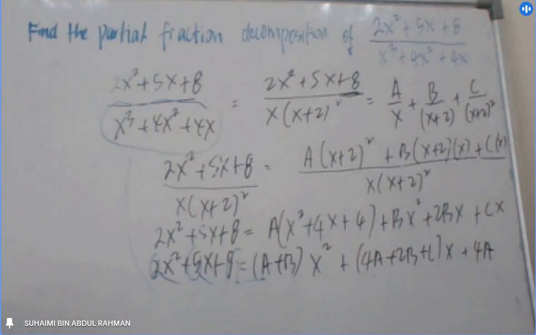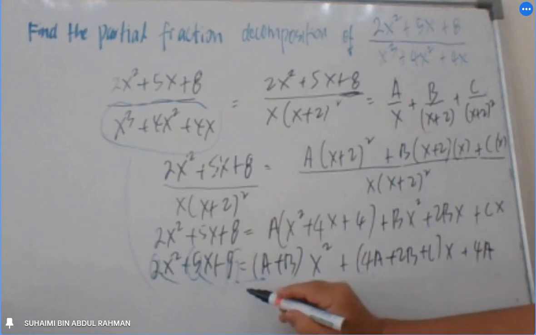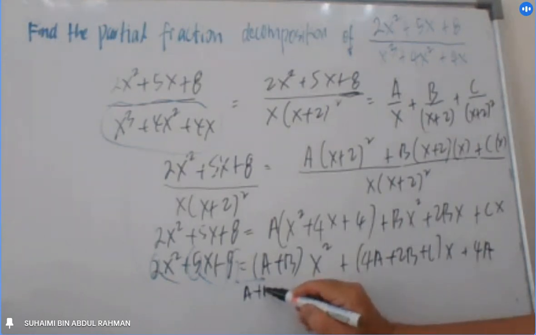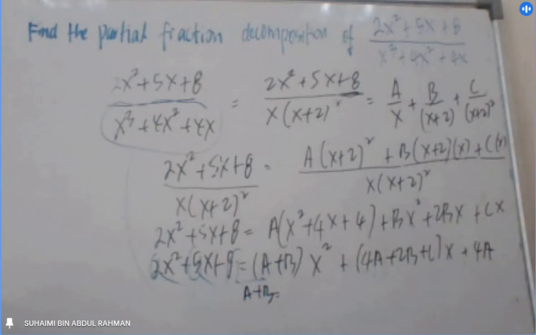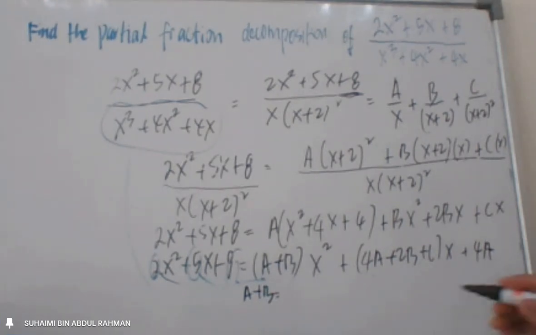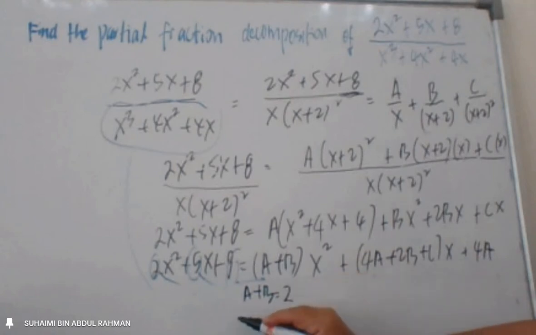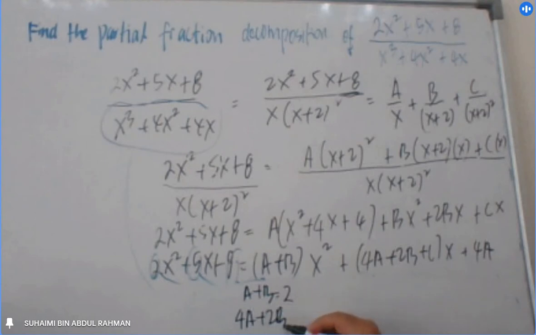So what do we get? A plus B equal to 2. A plus 2B plus C equal to 5.